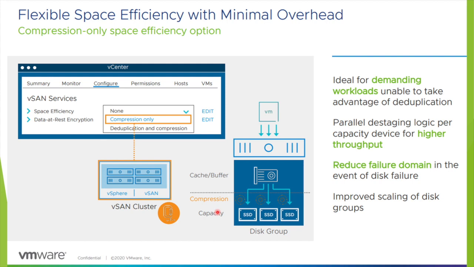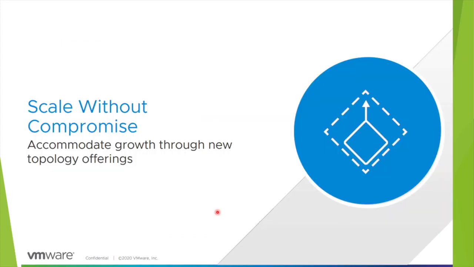Now we can accommodate growth through new topology offerings, so basically scale out without any compromise. Another cool feature is scale out without any compromise, which means you are now able to scale out the environment without thinking about the dependencies and stuff like that, and I'll tell you in a minute.